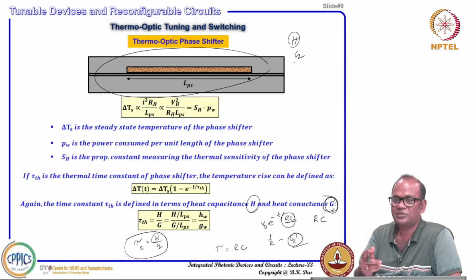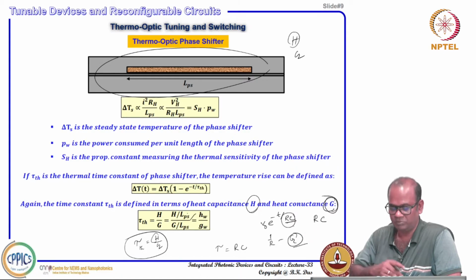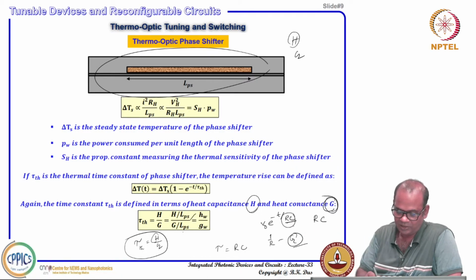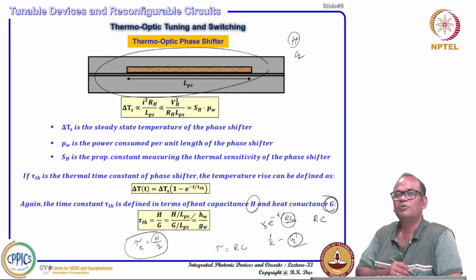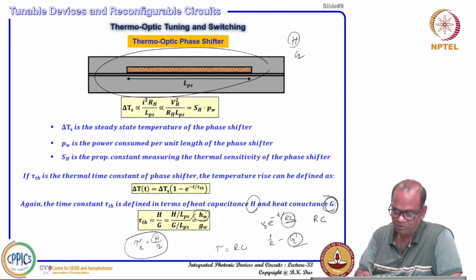Rather, we can define distributed heat capacitance and distributed conductance. How can that be done? You can define H divided by LPS. You just consider the length of your phase shifter and normalize it. Similarly, the denominator can also be normalized with the phase shifter length, and these are considered HW and GW.